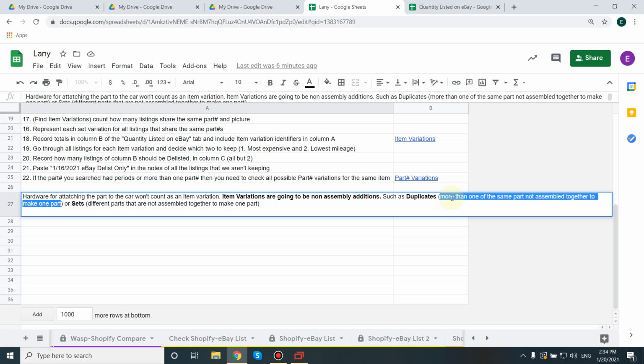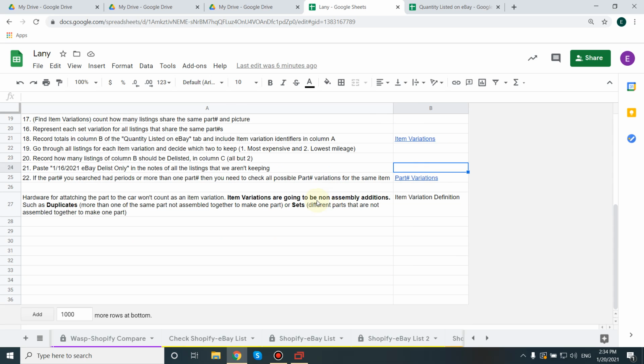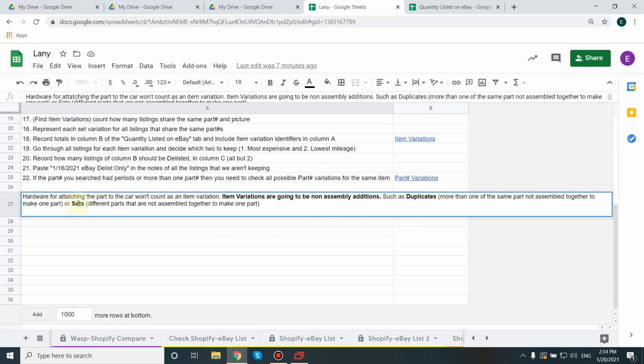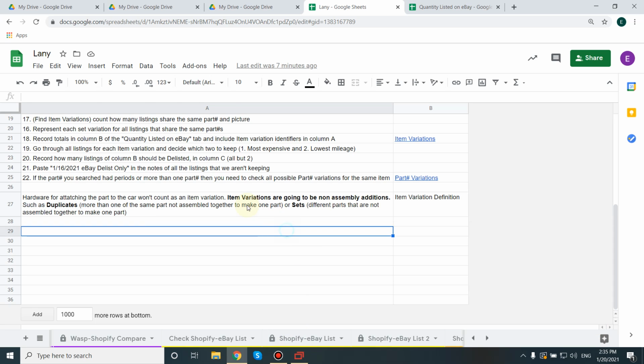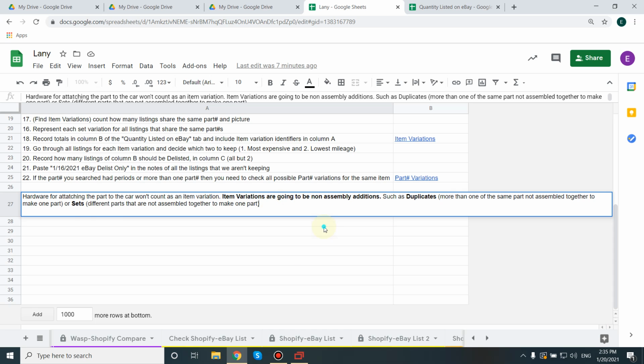So if we had like 3 sensors pictured together, they're not attached to each other. That would be duplicates. And then we looked at those in previous examples in these videos. Now a set would be different parts that are not assembled together to make one part. So that would be what we looked at with those motors. And so that's my item variation definition.